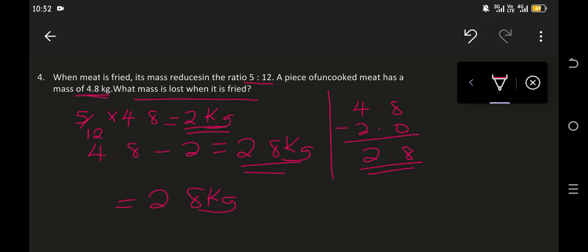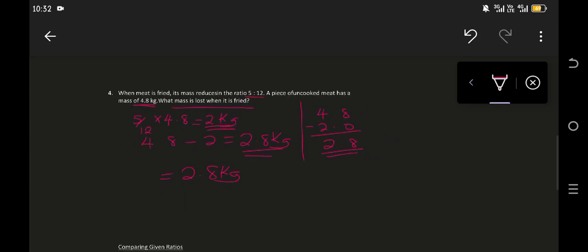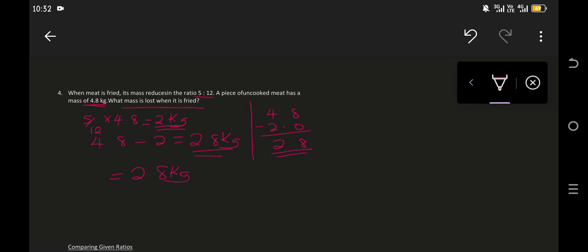You just use it as it is. If you are asked to decrease, the number will always be smaller than the original given in the question. If you're told to increase, the number will always be larger than the original that you have been given in the video. So that is what we have under increasing and decreasing numbers in given ratios.